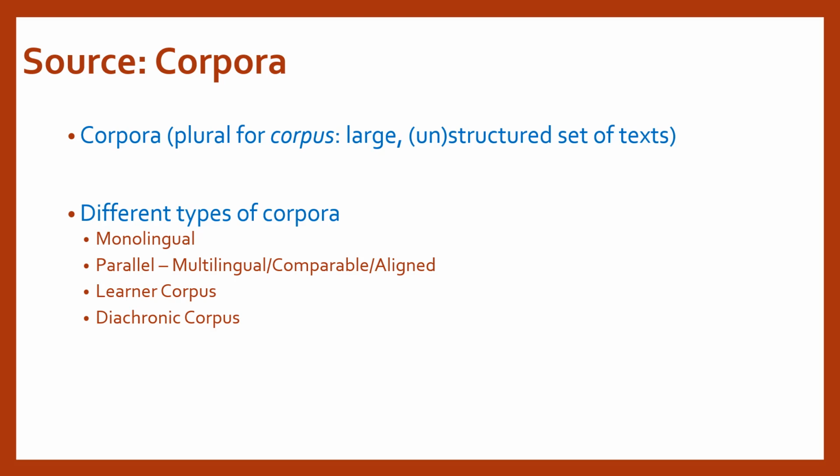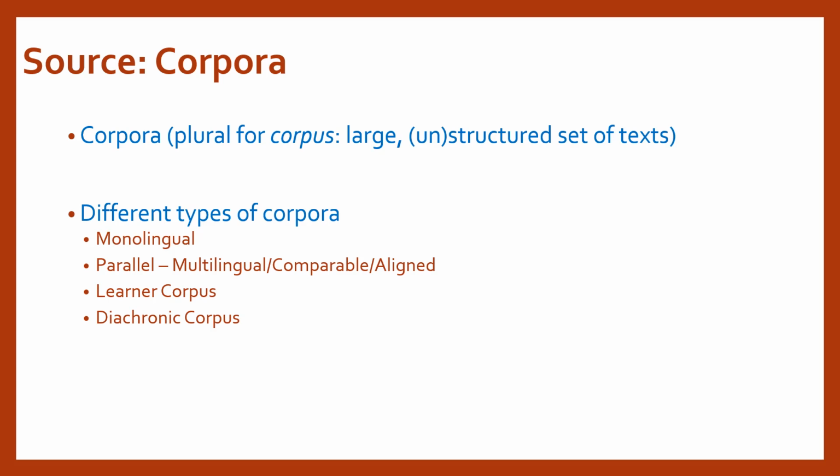There are different types of corpora which you can come across. However, the most common type is the monolingual corpora, which means that it contains text from a single language. Then there are parallel corpora.